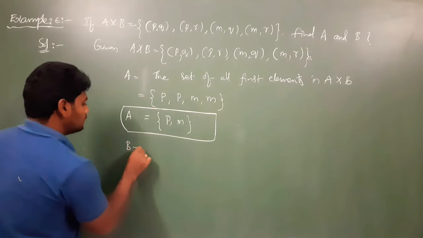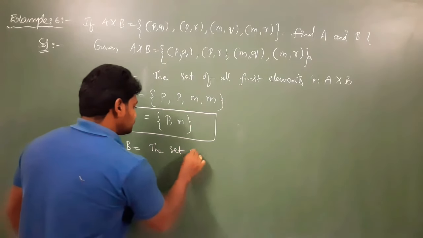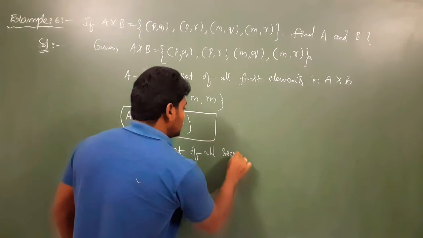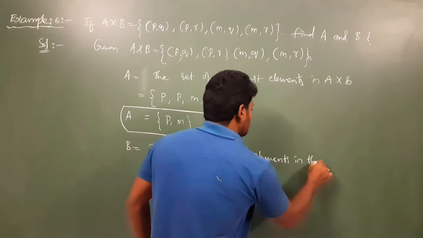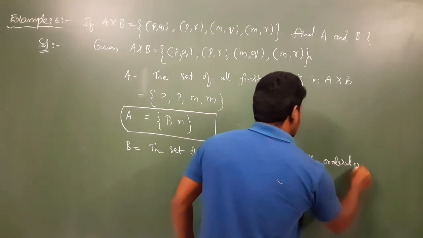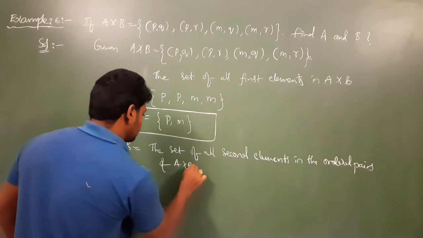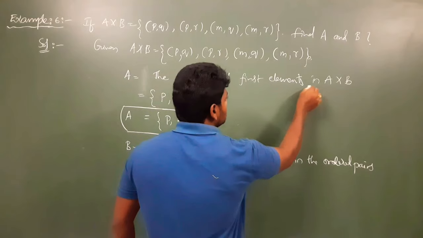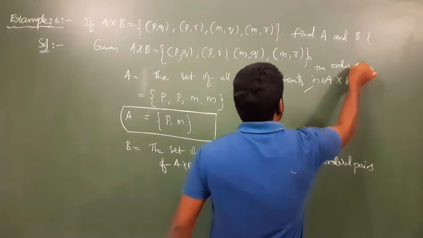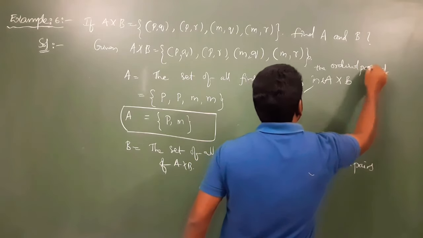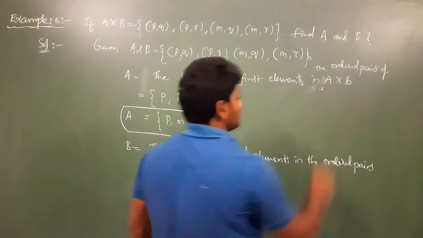Now, what is set B? Tell me guys. If set A is the set of all first elements, what is set B? The set of all second elements in the ordered pairs of A cross B. Right?